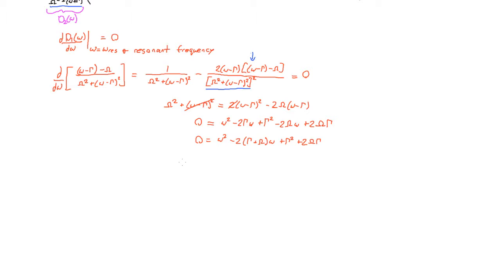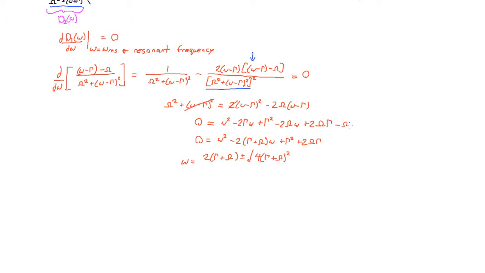And now at this point we can use the quadratic formula to solve for this guy. So we'll have minus b, 2 gamma plus omega, plus minus square root, so it'll be 4, and then gamma plus omega squared. Oh, did I not subtract that? Did I? Big omega squared. No, I did not.